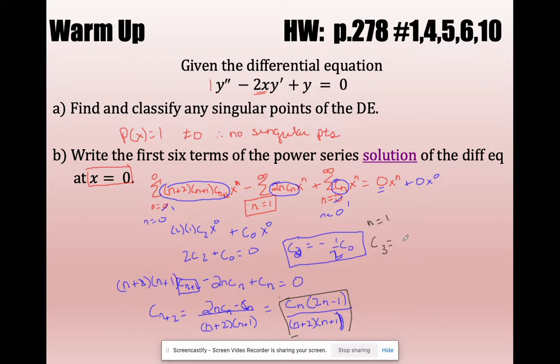And c sub 3 is going to be c sub 1 over 3 times 2, which is going to equal 1/6 c1.